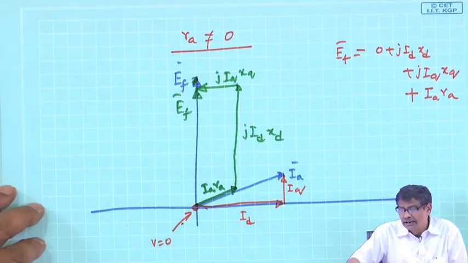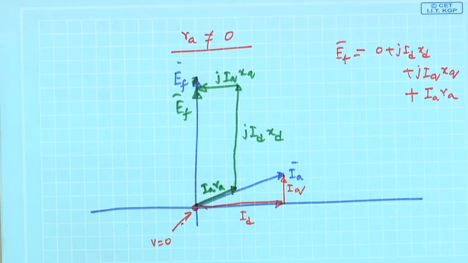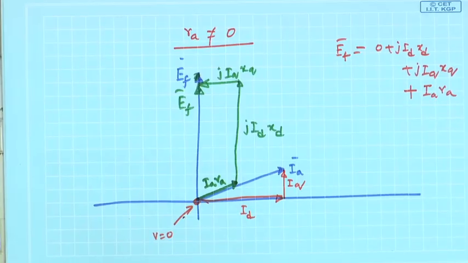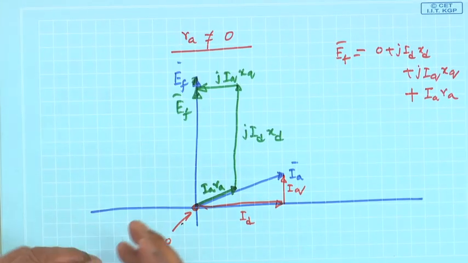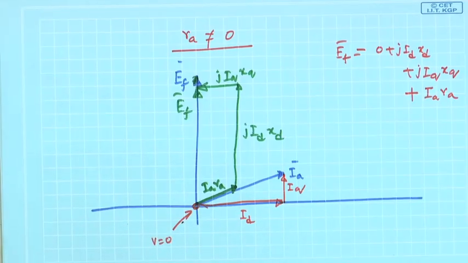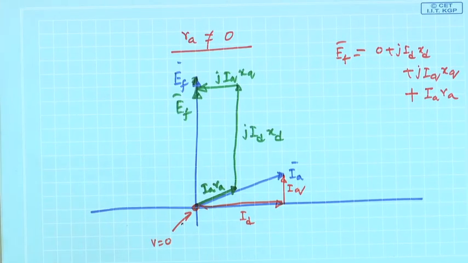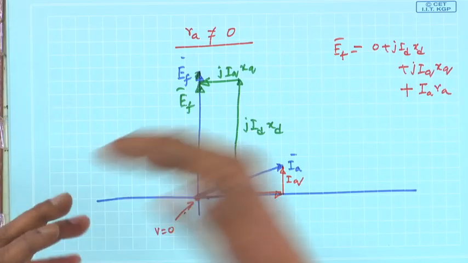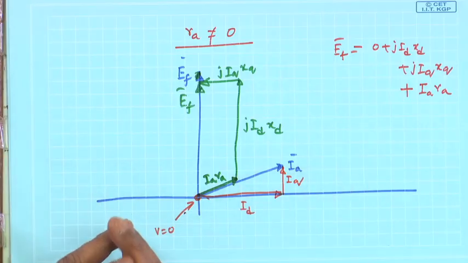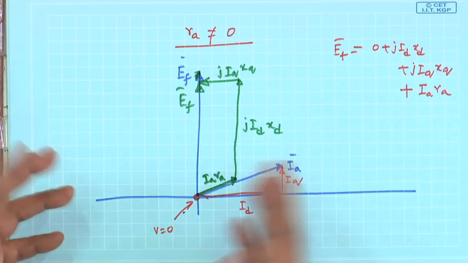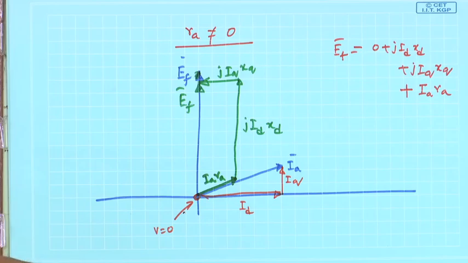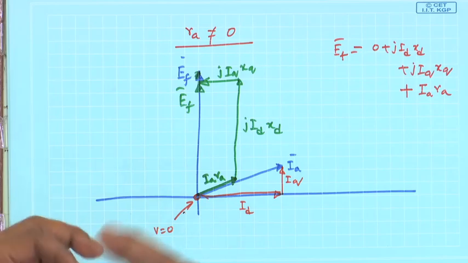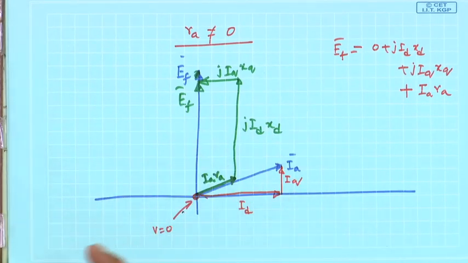Therefore, friends, I have talked to you for a long time. Mainly, I began my course with a few lectures on the transformer based on the equivalent circuit. I did not go into detail, but tried to highlight the relationship of self and mutual inductances with the transformer leakage reactance and the magnetizing inductance.